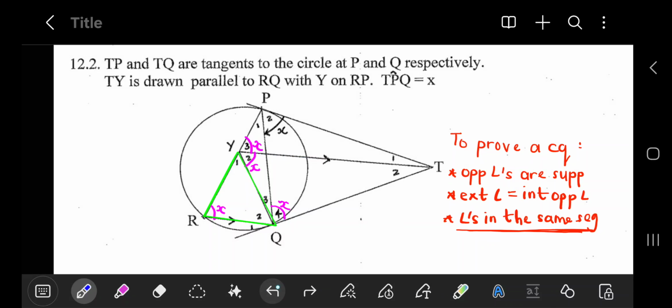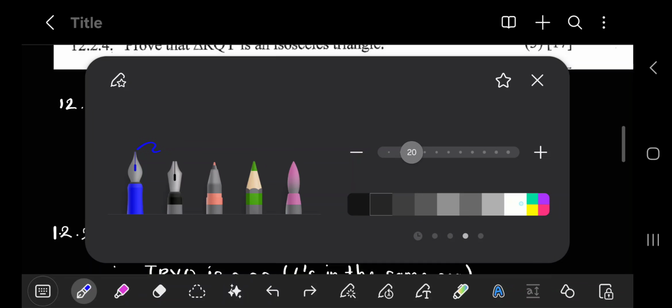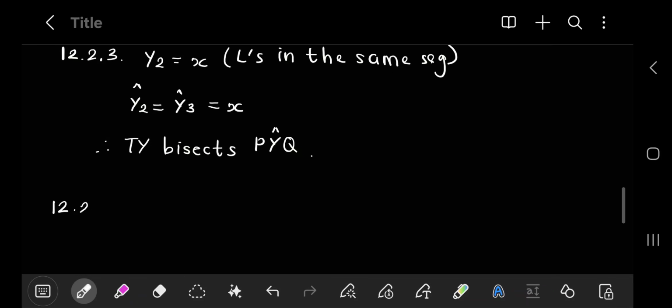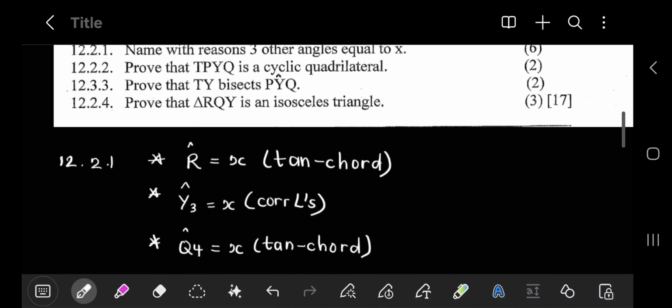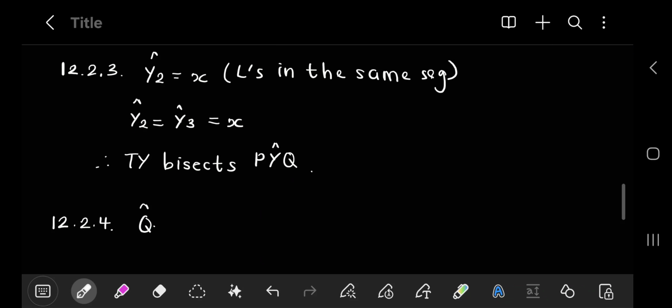Let's start off by mentioning that. So we're going to say angle Q2 is equal to x, and our reason for saying that is alternate angles.